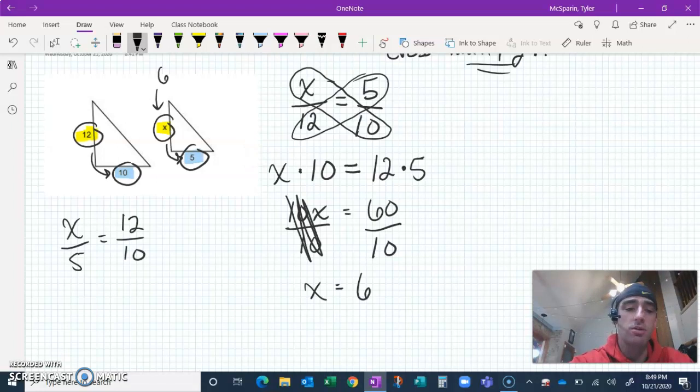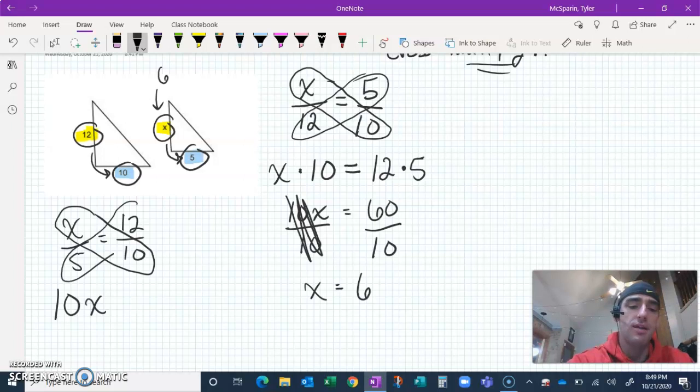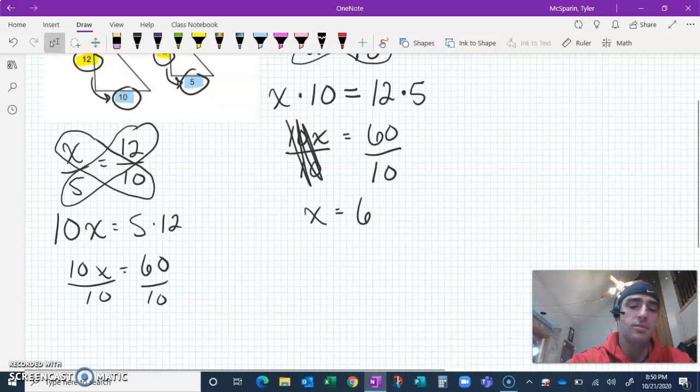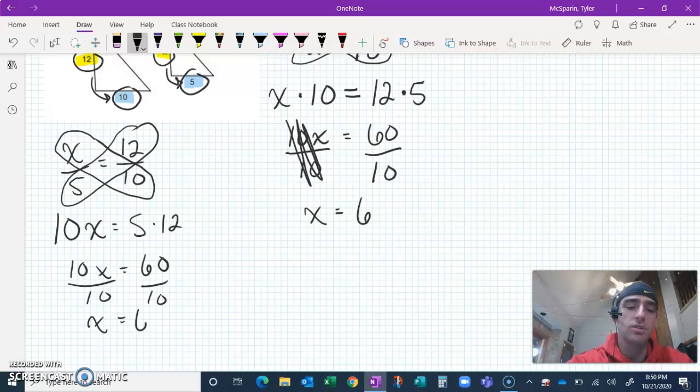Again, I'm going to cross multiply. So I'm going to go 10 times x. I'm going to go 5 times 12. And look at that. It actually ends up being the same. 5 times 12. So we end up with 10x equals 60, just like before. Divide by 10. And that leaves me with x equals 6.